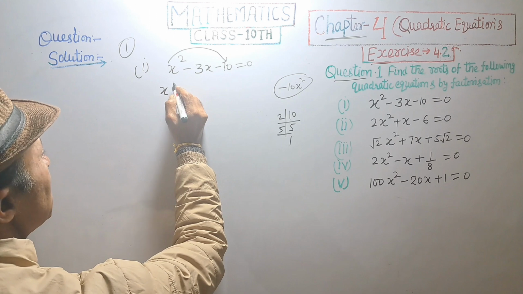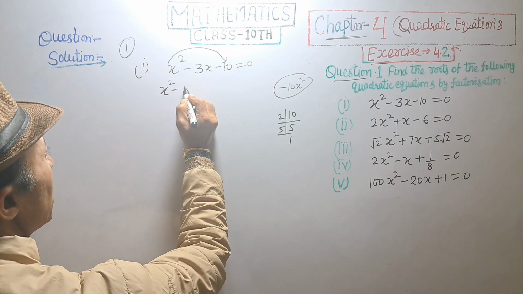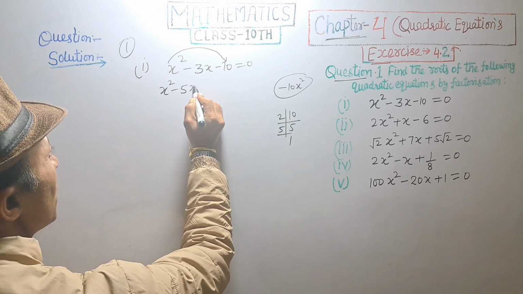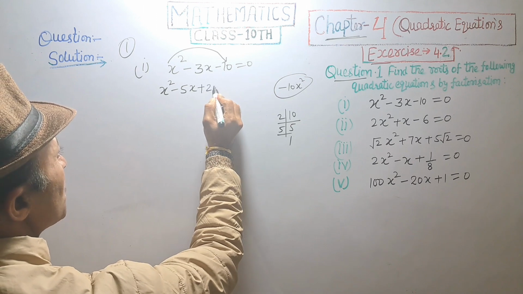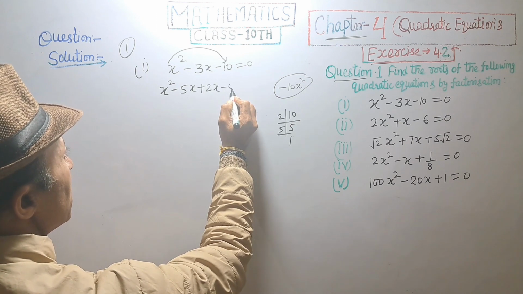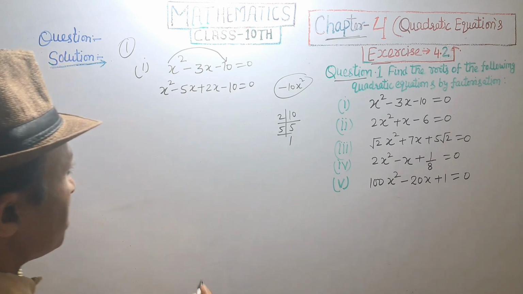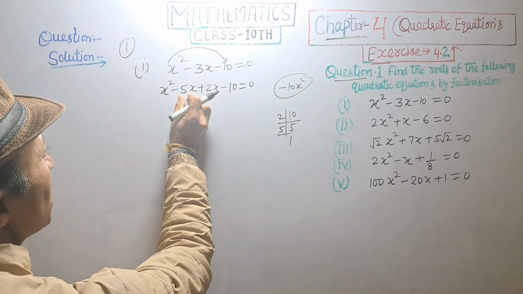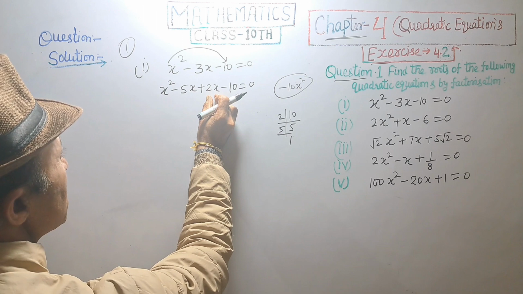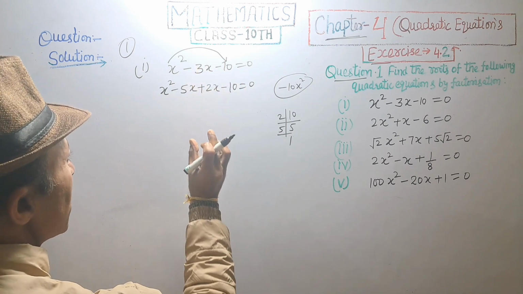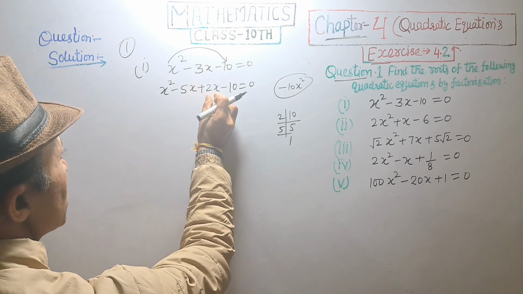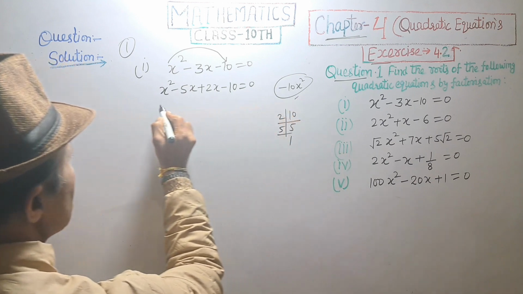That is, by splitting middle term, x square minus 5x plus 2x minus 10 equal to 0. Minus 5x plus 2x is equal to minus 3x, and 5 2s are 10x square.